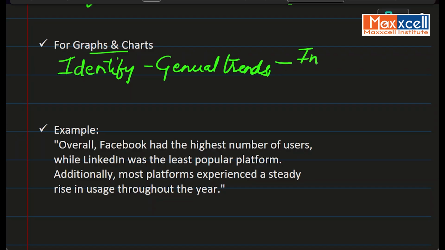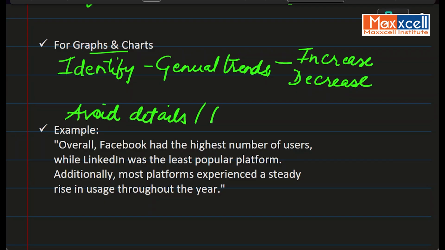It is either an increase in something, or otherwise a decrease in something. Okay, highest, lowest, similarities, differences. This is what happens when it comes to the overview. And you need to avoid details or figures in this part.